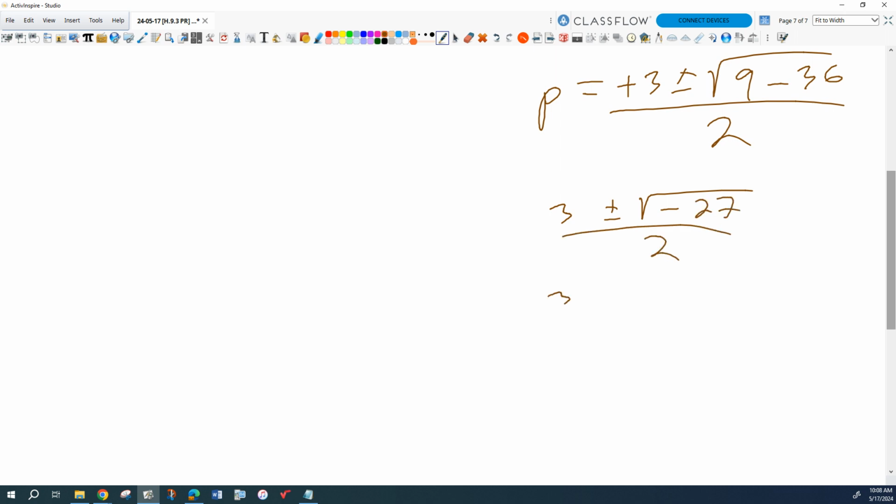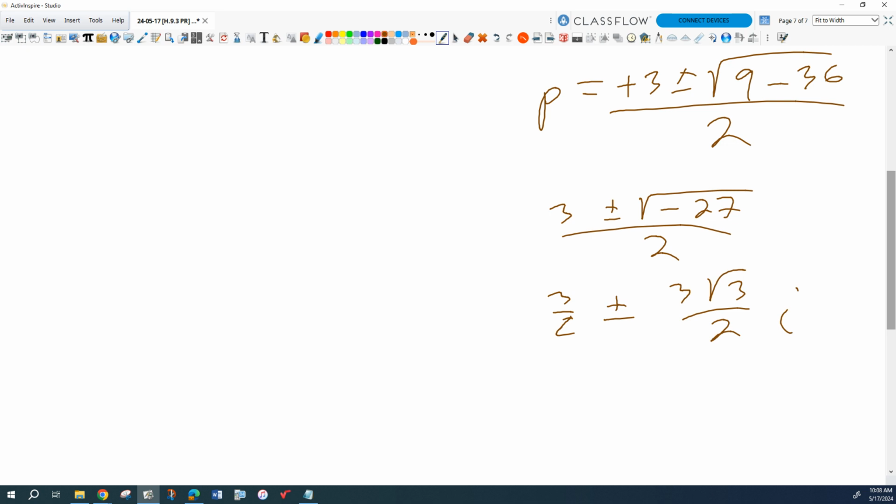So I'm getting 3 halves plus or minus 3 radical 3 over 2i. Okay, so you see the moral of the story there. Above quadratic level, you've got to skip step 1. You can't isolate by using inverse operations. You've got to just factor instead.